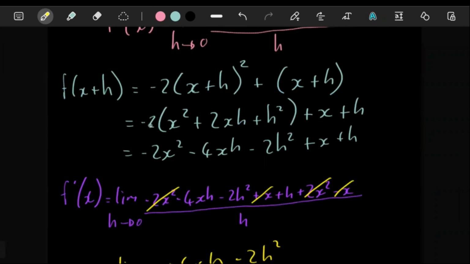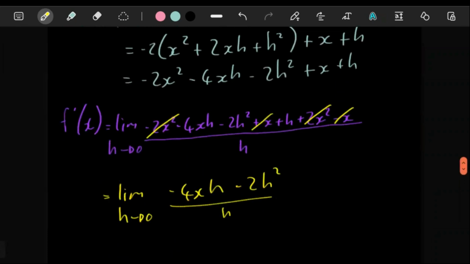This is fine. This is fine. This is fine. And then there's x there. h there. Oh yeah, there we go. I forgot this here. The plus h. Yeah, that makes sense because I knew something was off.